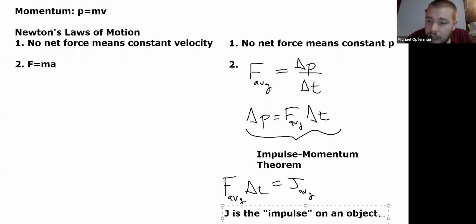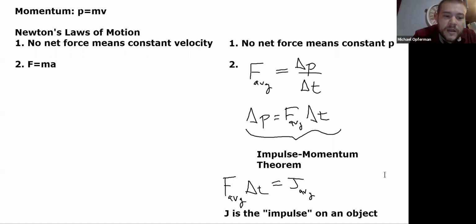So if you see anything referring to the impulse acting on an object, that just means to take the force on an object and multiply it by delta T. As long as the force is constant, that works. So what the impulse momentum theorem says is that if you know the impulse on an object, then that's simply equal to the change in momentum of the object.